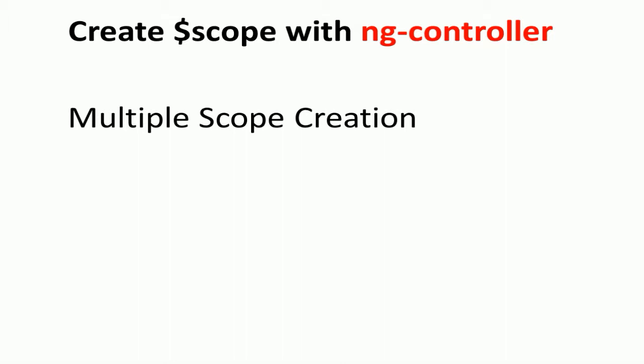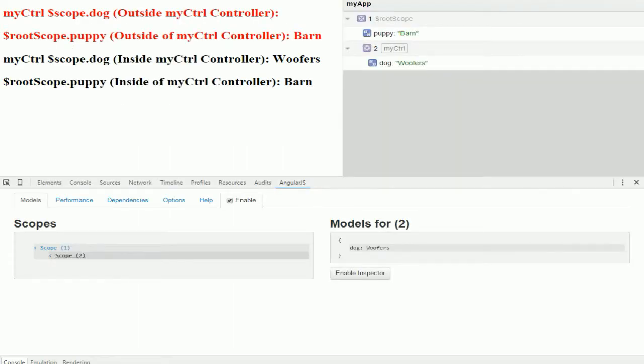This hierarchical arrangement of scope is revealed when using the developer tools ng-inspector and Batarang. The scope hierarchy has a parent-child relationship as well as an inheritance hierarchy that follows standard JavaScript prototypal inheritance. Indeed, the child scope inherits from the parent scope.